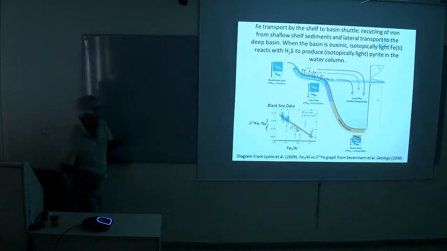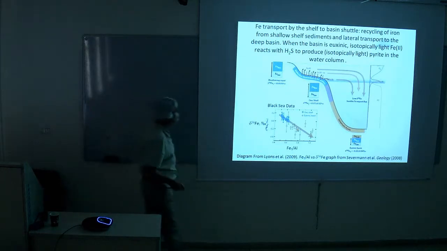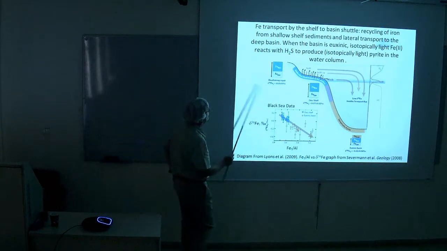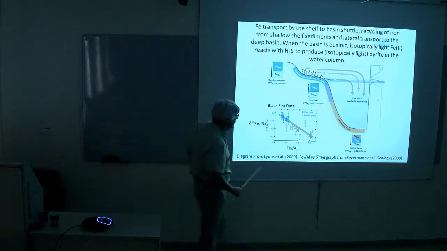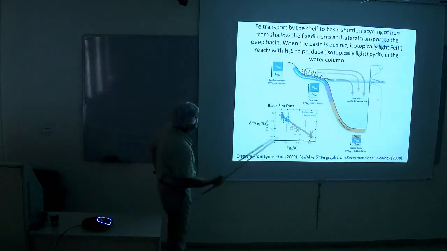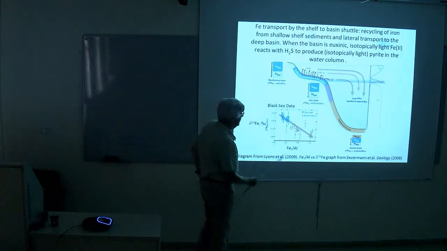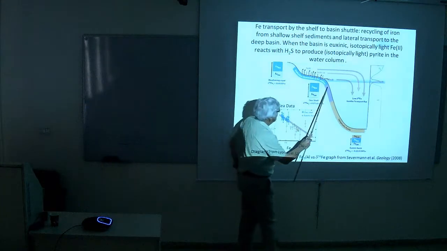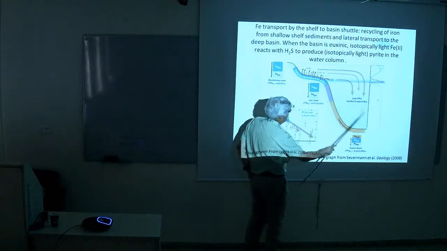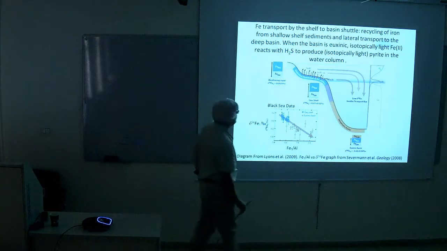And this is the basis of what's called the benthic iron shuttle, which is the last new concept I want to introduce. This was introduced about 10 years ago by Lyons and colleagues. And the idea is that you have a shelf and you have a deep basin, and in this deep basin you have H2S.